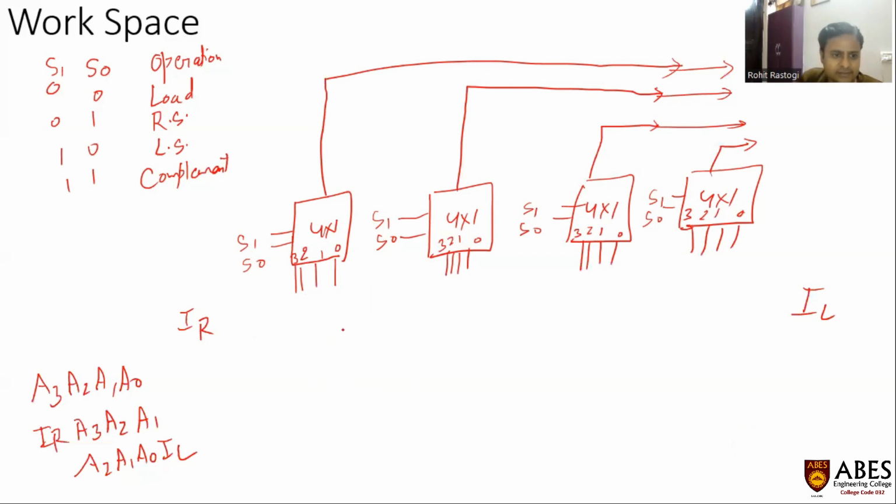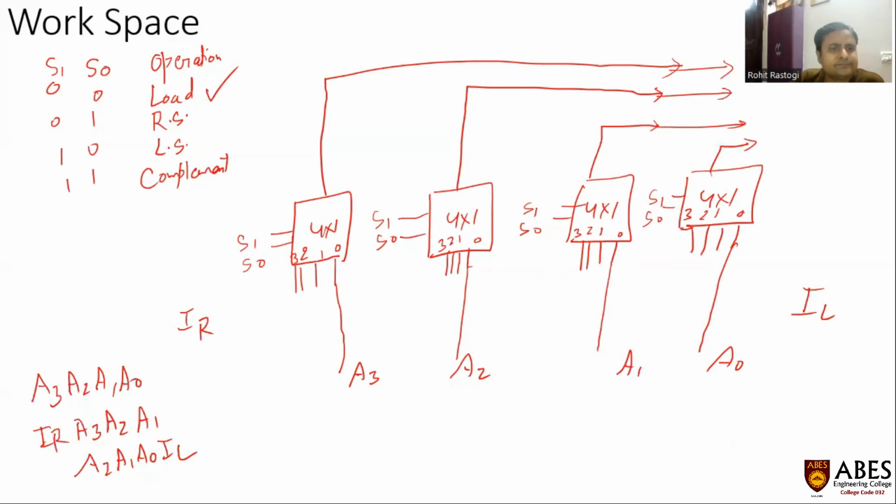Now we have to make all the combinations very clearly. A3, A2, A1, A0 will be obtained from the first selection, 0 0. We will get all the load data.